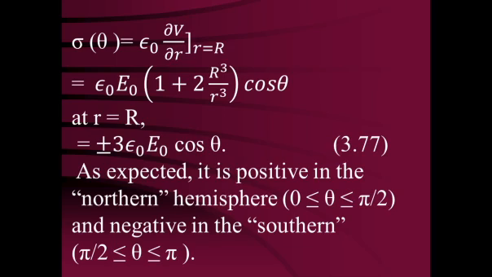In that region cos theta is positive. That means positive charge is going to be accumulated, and it is a function of theta. Where is the charge going to be maximum? If theta is equal to 0, on the north pole of the sphere, the maximum charge of 3 epsilon 0 E0 will be accumulated.